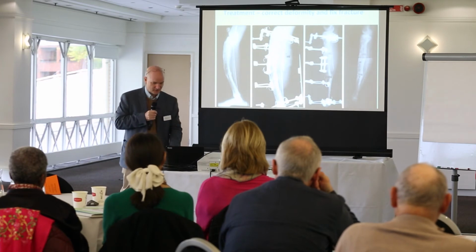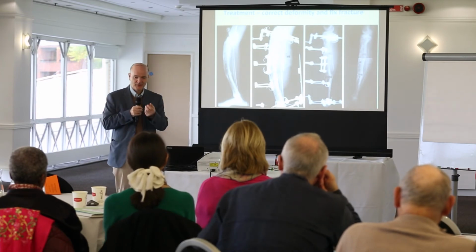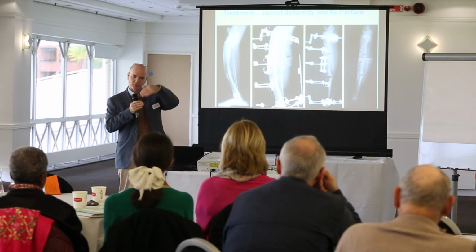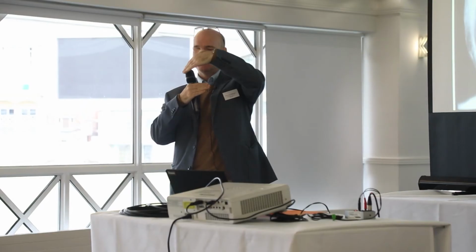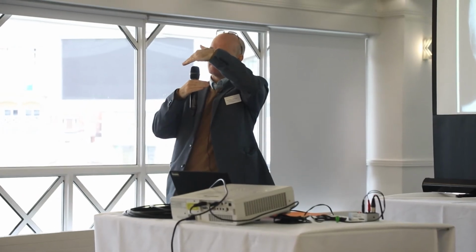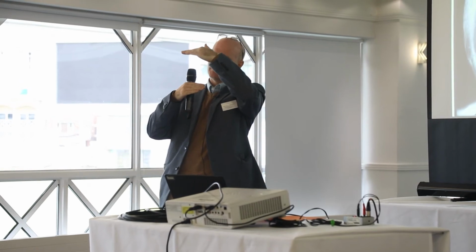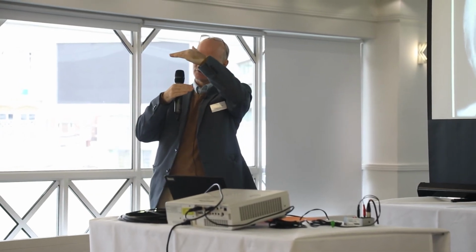The rods have got little screws on them, so you can actually change the position of the rings. So if you start off with a deformity like that, you can gradually crank things out so that it's all in a straight line. And that's what's been done here.